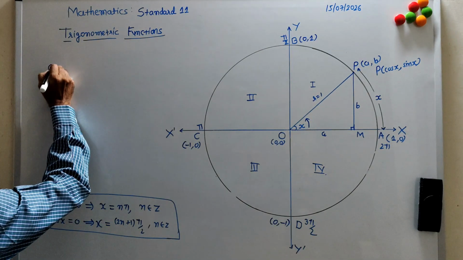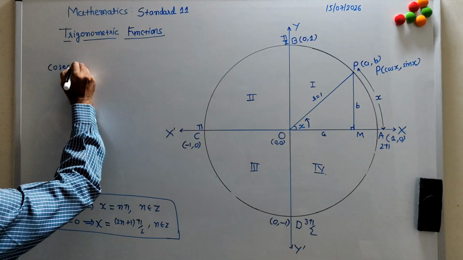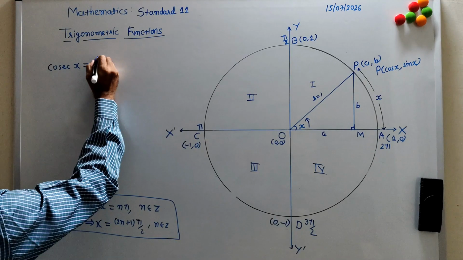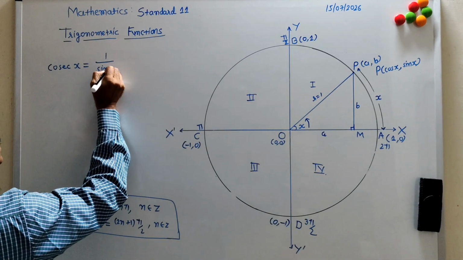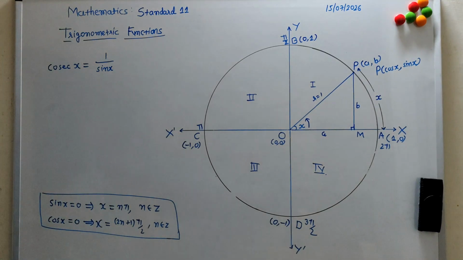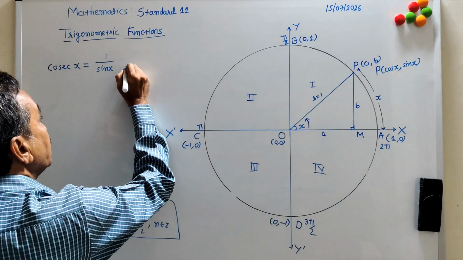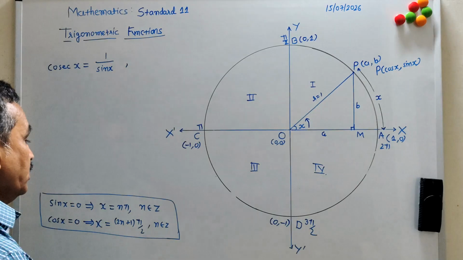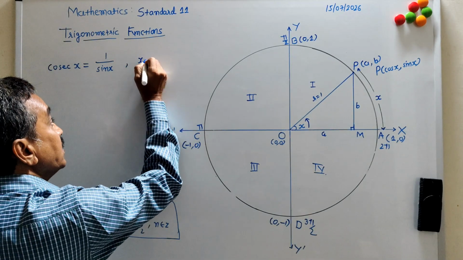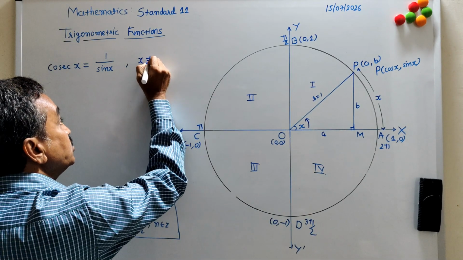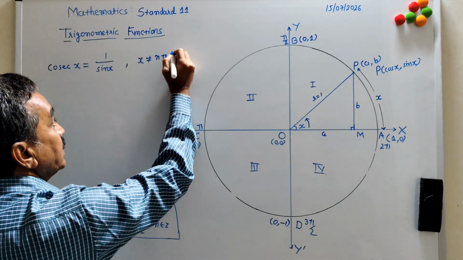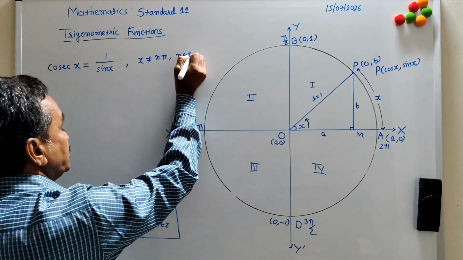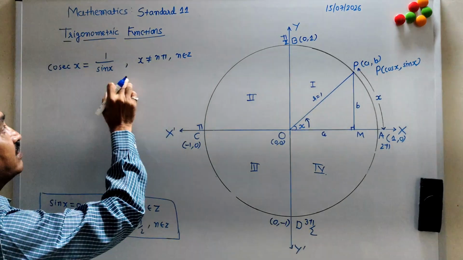Now cosec x, we know that cosec x is equal to 1 over sin x, but x is not equal to n pi, n belongs to Z. Why am I writing this here?